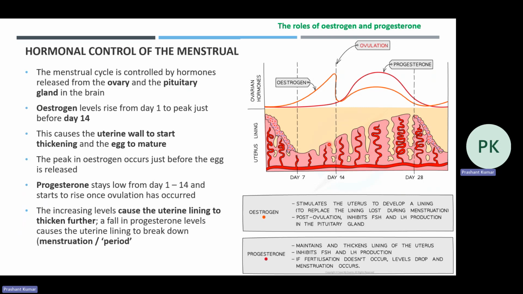The peak of estrogen occurs 1 day before the egg is released. Progesterone stays low from day 1 to day 14. But from day 14 onward, its level is also increasing, right? Because the female body gets prepared to carry a pregnancy if the egg is fertilized. If it is not fertilized, then the egg cell is going to degenerate and everything will be flushed away in the first day of the menstrual cycle, from first day to fifth day.